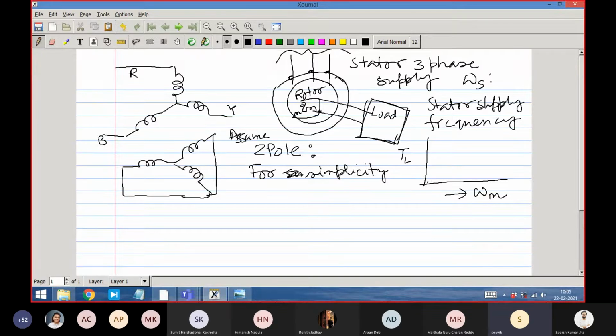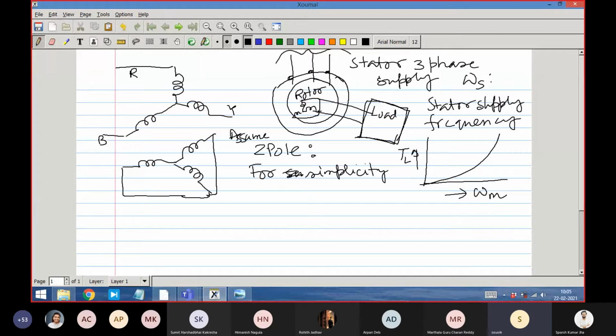Let us take a particular case, a fan kind of load. A fan kind of load has some kind of n square or n cube type of characteristic. Is that clear? Do you understand the implication of the characteristic?